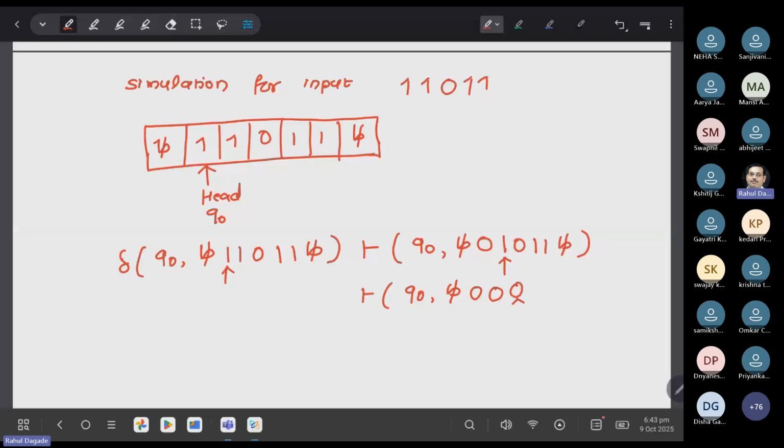So it comes to 0 1 1 blank. Now again Q0 blank 0 0, 0 is converted into 1, the pointer moves to the right. Now this 1 will be 0.